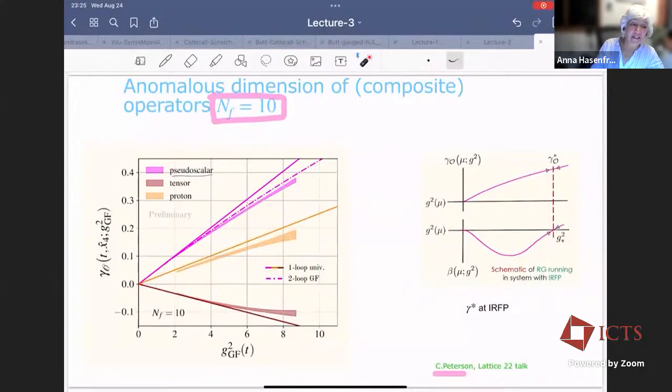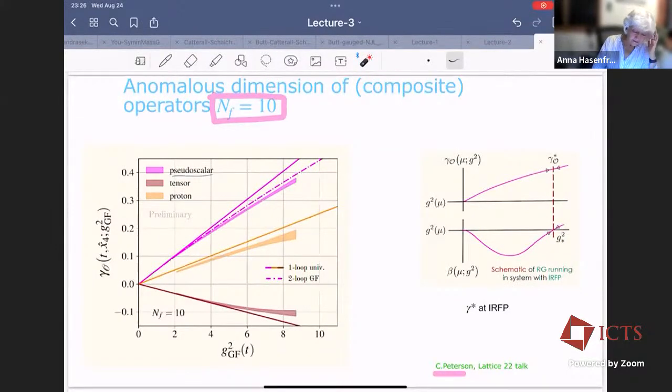And again, what we see is that all 3 operators have an anomalous dimension that is very close to the 1 loop universal prediction. Again, we don't go out that high in g squared, but it is a reasonably strong coupling. We see no enhancement of the proton anomalous dimension. So this model would not be a good candidate for partial compositeness.